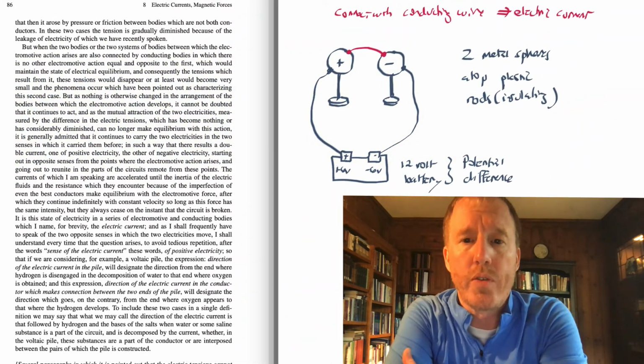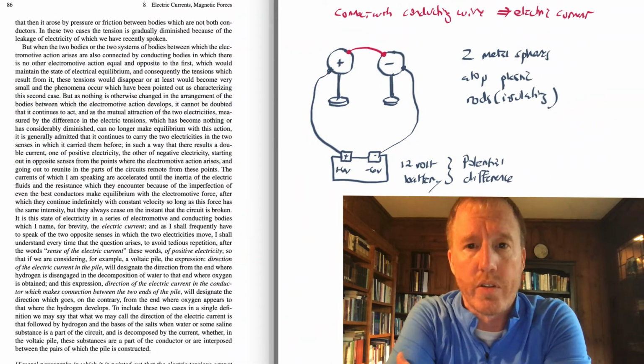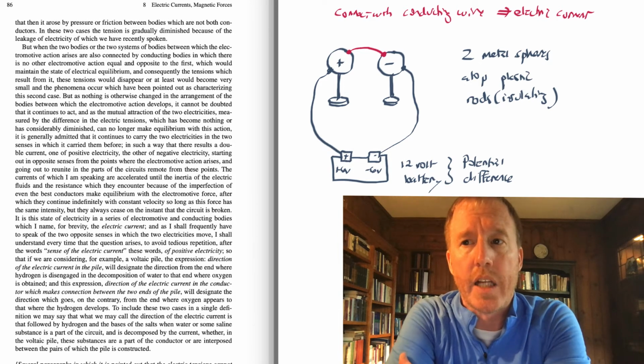He says, well, you've got this electromotive force, this voltage difference between the positive and the negative spheres, and that electromotive force is going to try to drive the electric fluid between the spheres. Just like you might think about with the force of gravity. If you drop something off of a balcony, the force of gravity tries to accelerate that ball toward the ground.